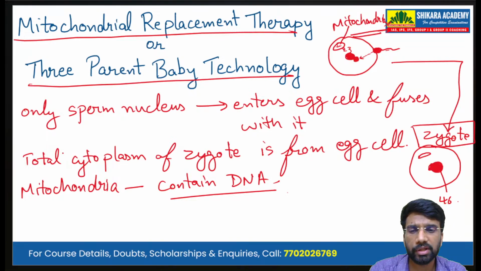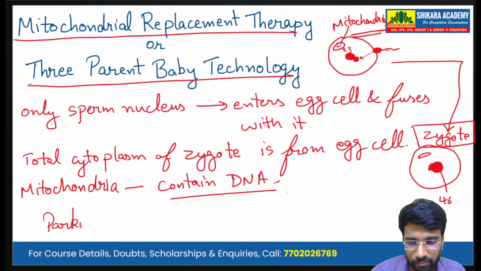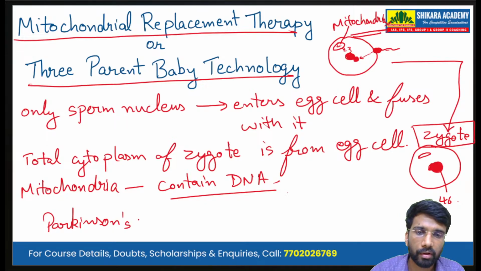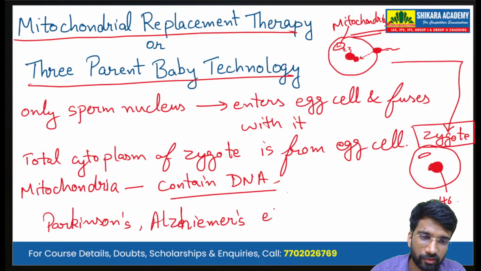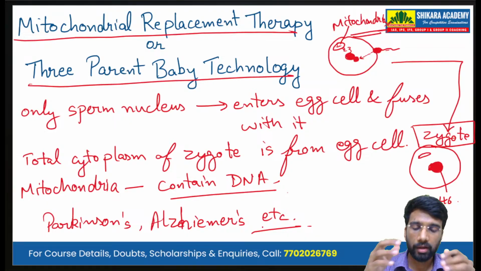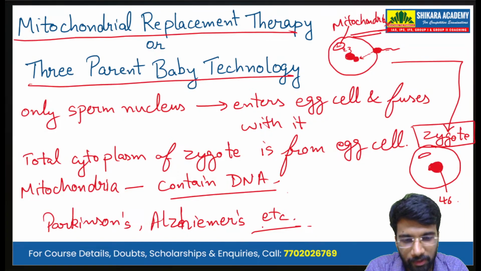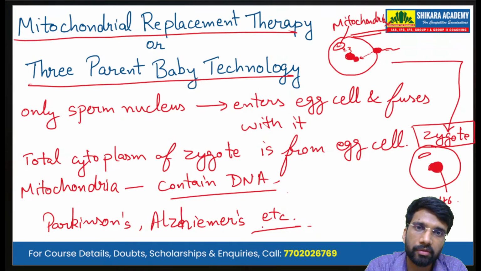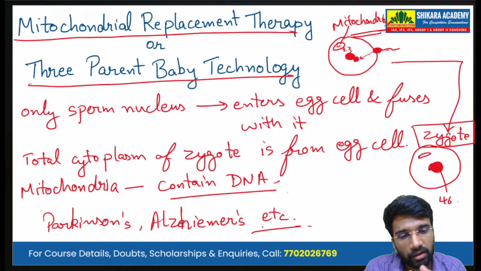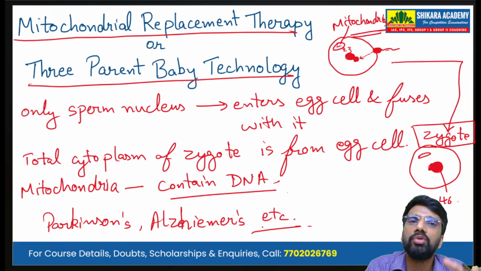Now, certain mutations, random changes in this mitochondrial DNA can give rise to diseases such as Parkinson's, Alzheimer's, etc. So we want to prevent this mutated mitochondrial DNA from passing down to the offspring.